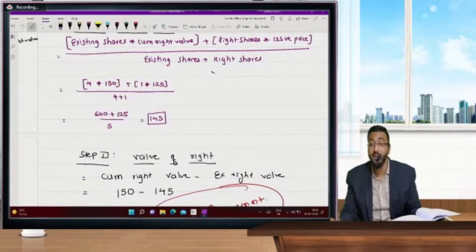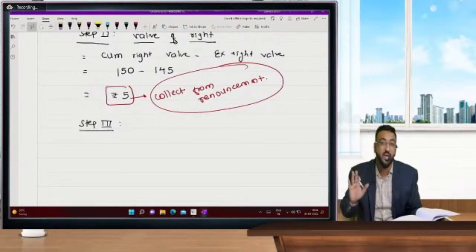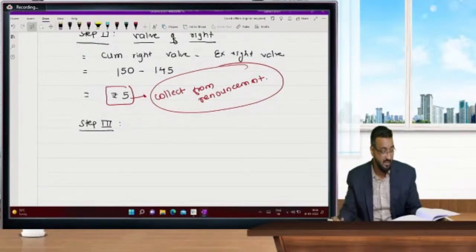So friend, if you want this share, you pay me up to 150. As per books my value is 145, but before the right issue the price of my share was 150 and I want that price. So for 1 share, you pay me 5 rupees.